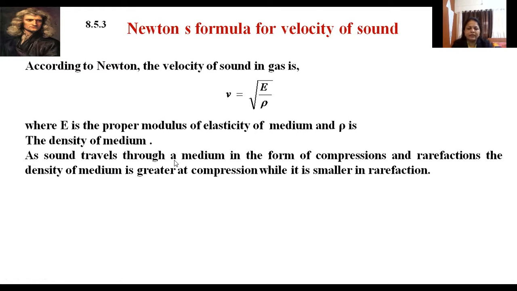As the sound travels through a medium in the form of compressions and rarefactions, the density of the medium is greater at compression while it is smaller in rarefaction.